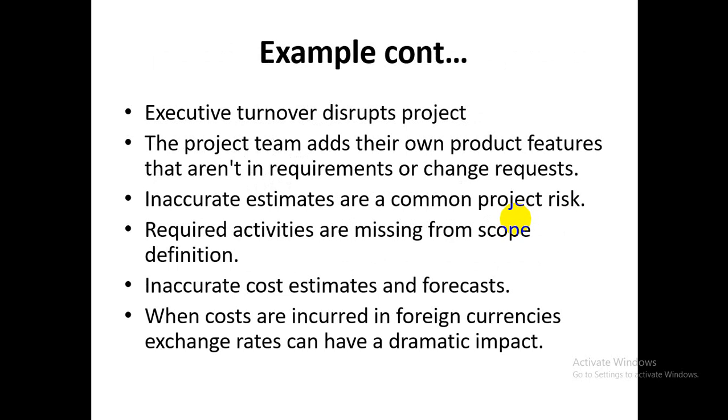Other examples we have are executive turnover, the project team adds their own product features, inaccurate estimations, required activities missing from the scope definition, inaccurate cost estimates, when costs are incurred in foreign currencies.